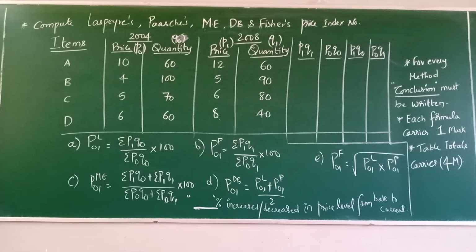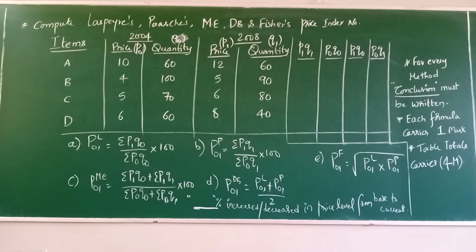And then the fourth one, Dorbish-Bowley. This Dorbish-Bowley is nothing but a relation between Laspeyres and Paasche. What is that relation? The arithmetic mean of Laspeyres and Paasche, we say Dorbish-Bowley.